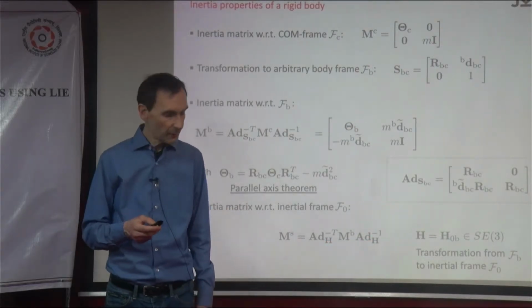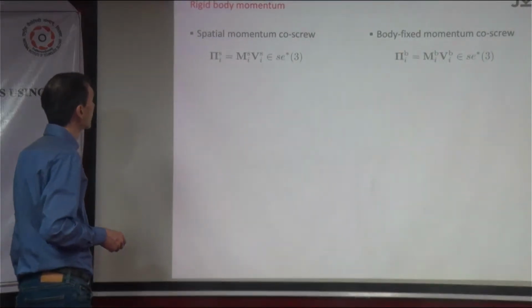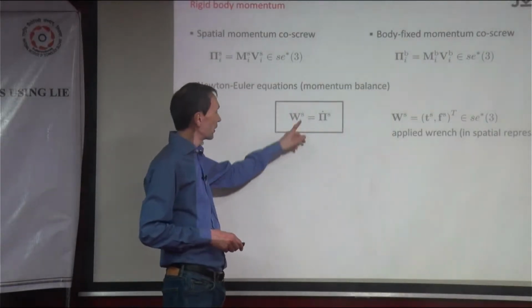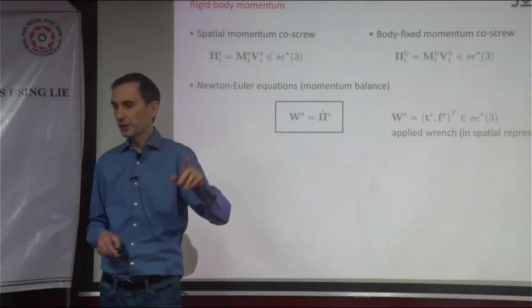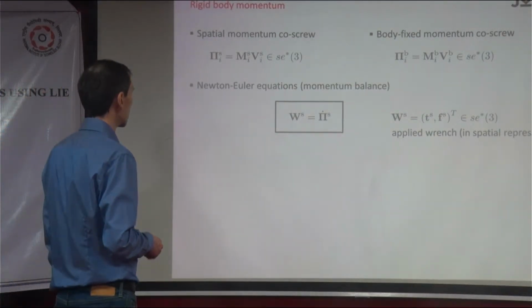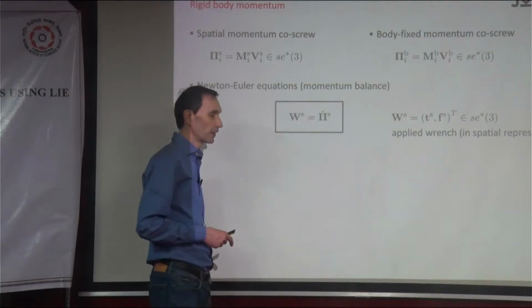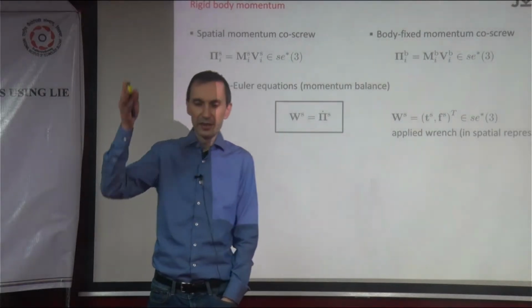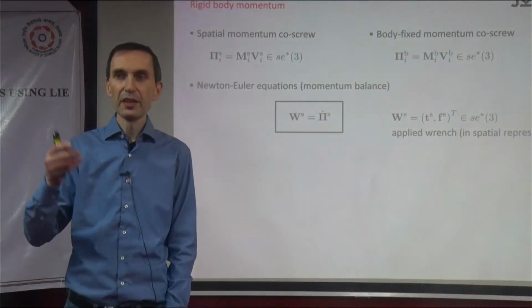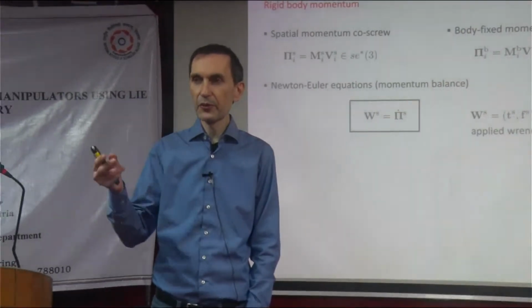Why do I need this? Because eventually, what Euler said, and Newton kind of repeated it, as you said correctly, is that the momentum is invariant. So the momentum doesn't change if the applied forces are zero.